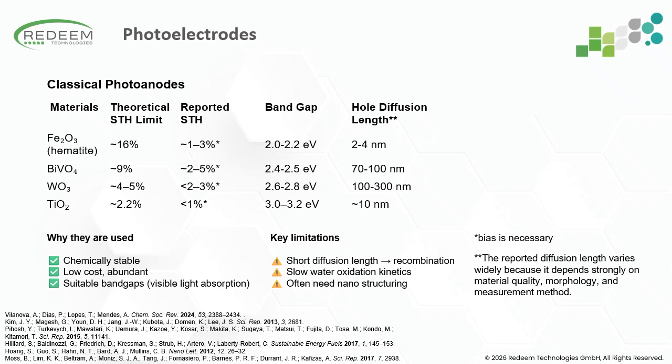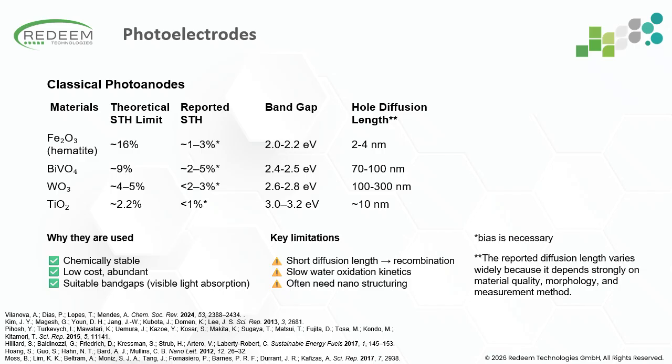Here we have some of the most established photoanode materials used for water splitting. Hematite, bismuth vanadate, tungsten oxide and titanium dioxide are all chemically stable, relatively inexpensive and based on abundant elements, which makes them attractive also for large-scale applications. However, each material comes with its own limitations. Hematite, for example, has a very promising theoretical efficiency, but its extremely short hole diffusion length leads to severe recombination losses.